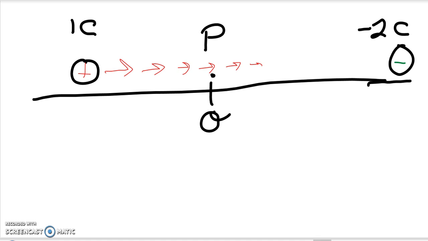In the region between the two charges, the field lines due to Q2 are also going to be in the positive direction, and they're going to die off the further out we go.